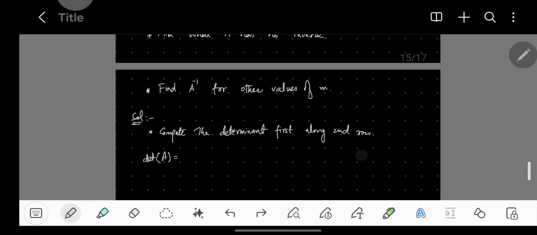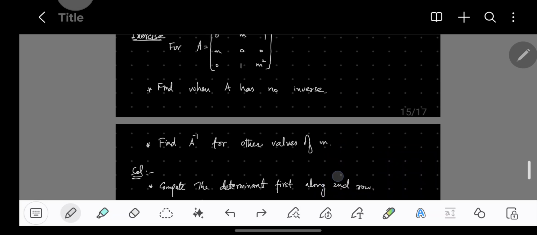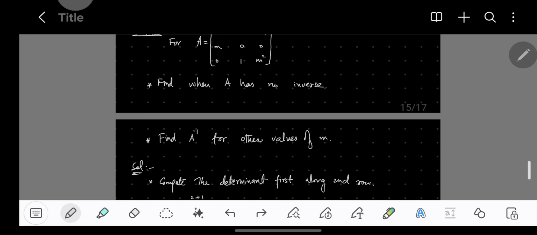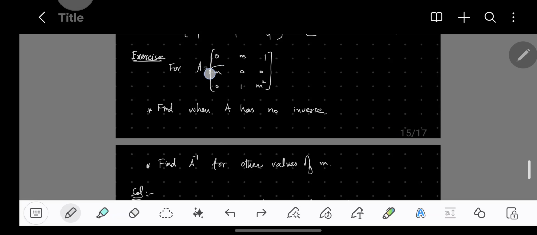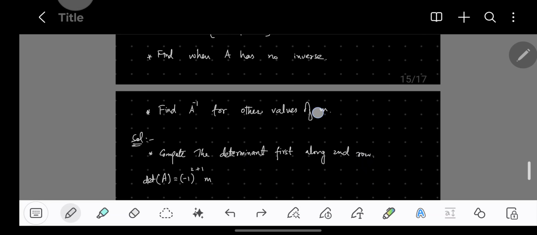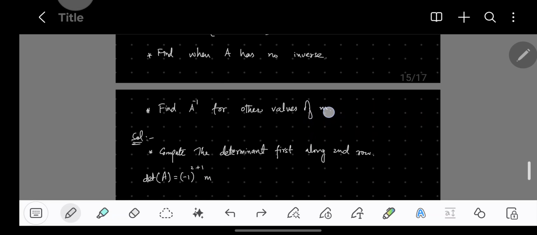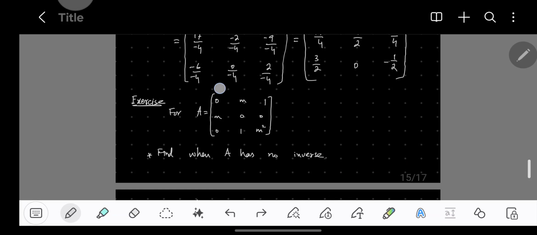So along the second row, the determinant of the matrix is, for the first value M11, this value, it is on the second row and the first column, so I will write negative 1 to the power second row plus first column, which is negative, times m. If I delete this column and this row, I will end up with the determinant 1 m 1 1 m square.